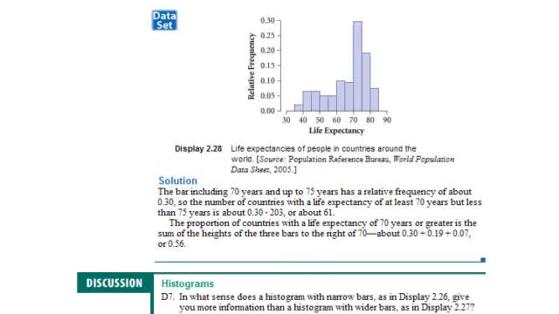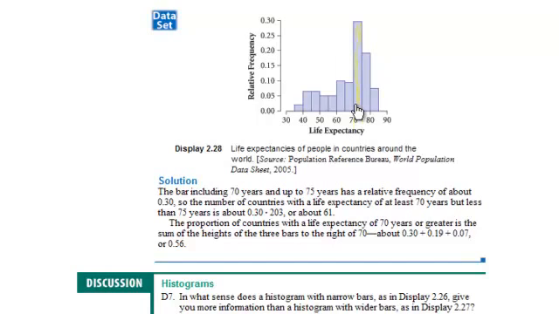Now I will go back here. So life expectancy from the first one, at least 70 but less than 75. So at least 70, but no more than 75. So we're looking at this bar right here.